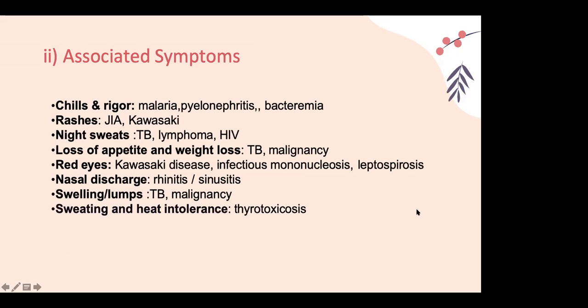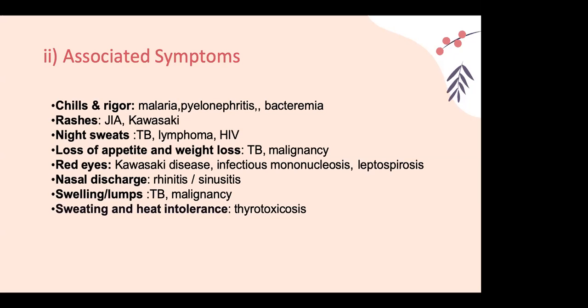After we have the history of the fever, next we need to ask about associated symptoms. We need to ask about any chills or rigors, to indicate bacteremia and malaria. For rashes, for example, juvenile idiopathic arthritis can have a salmon rash.